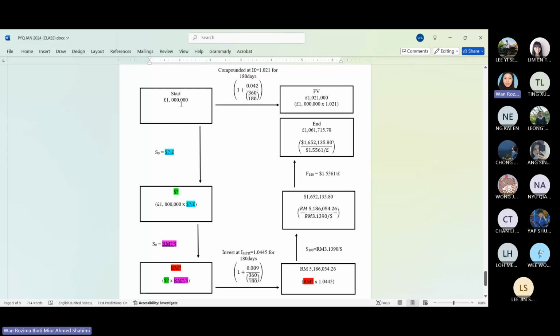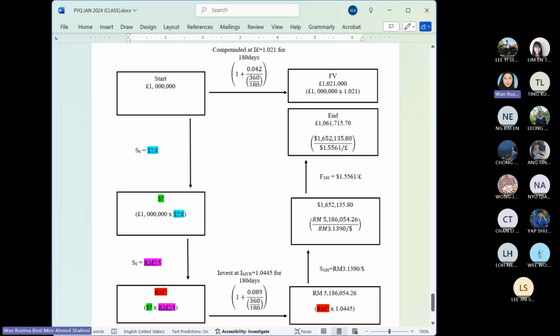So meaning to say we start with pounds and then convert to USD, the traditional way, and then from USD you convert to Malaysian ringgit, and only then can you invest. Or if you want to cut the steps, you can use the cross rate. But since this is an investment, I just follow the traditional way.